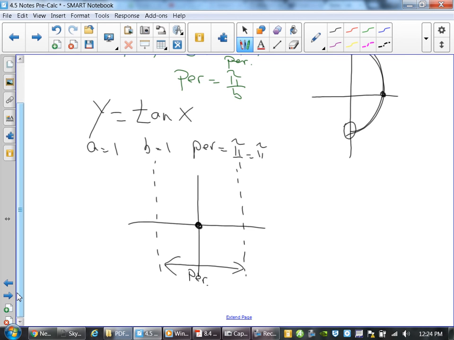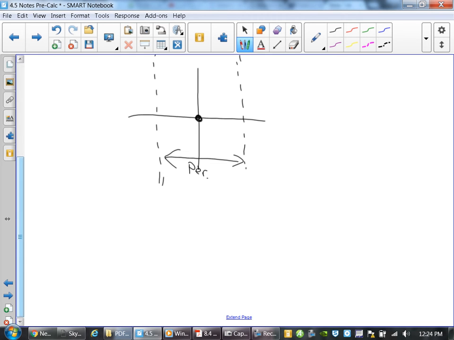So this is what happens with your tangents. You get a negative pi over 2 and a pi over 2 here. Your asymptotes for an original tangent graph will always be placed at pi over 2b. Whatever your b value is, it's pi over 2b for where your asymptotes will be placed for the original graph. Okay.